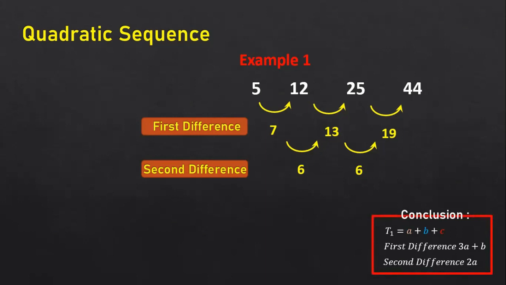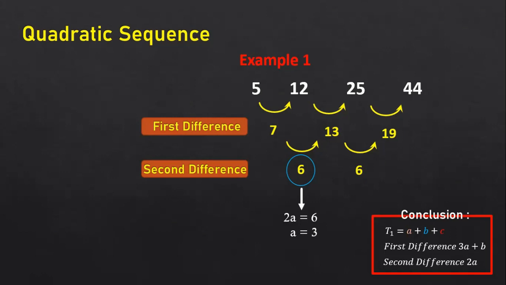From this quadratic sequence, 6 is the second difference. The second difference is formulated as 2A. So we can say that 2A equals 6, and A is 3. That's right, everyone?